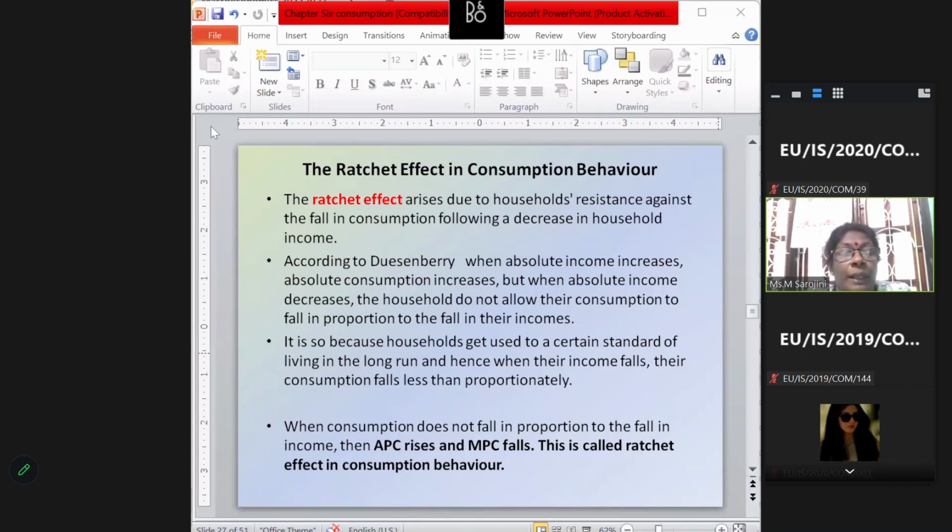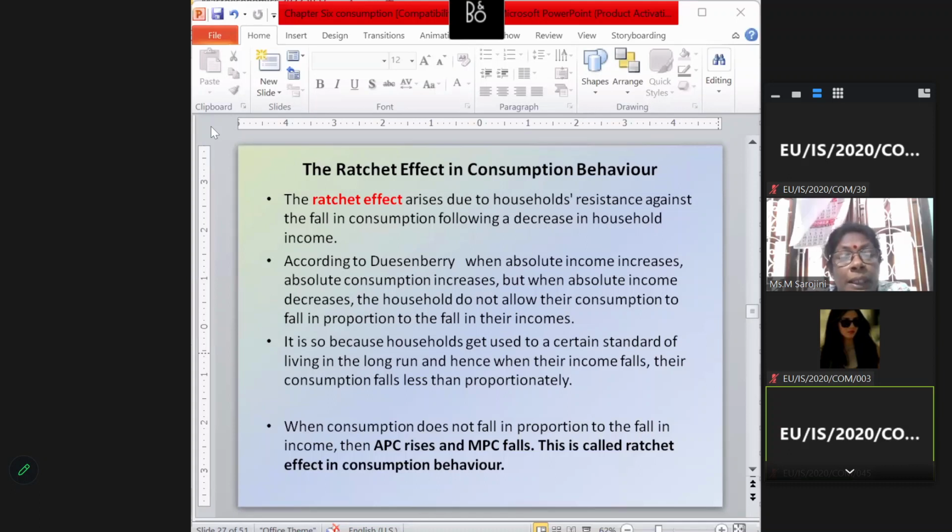Once the income increases, consumption increases, but when the income decreases, consumption falls less than proportionately. The reason for that, right? The individuals try to maintain their standard of living in the long term. That is the main reason.